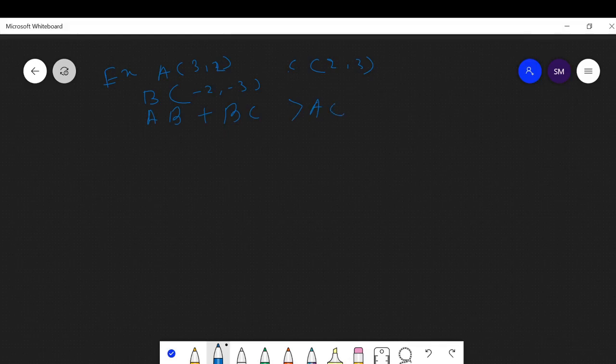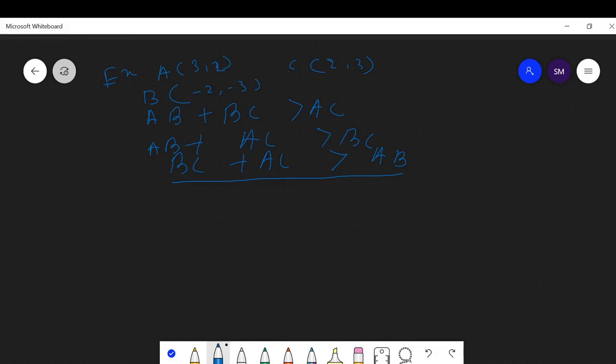In the same way, AB plus AC is greater than BC. In the same way, BC plus AC must be greater than AB. This is the inequality property of the triangle.